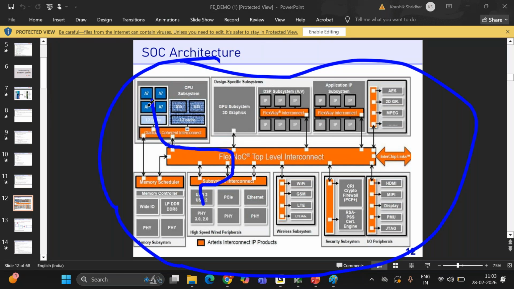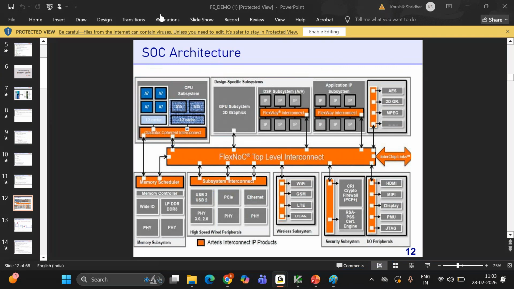Does the CPU initiate the transactions? Does it reach till this point? You will verify it using a test bench built using UVM. That is one example. Getting my point? Once you complete this training, you can end up in SoC verification.